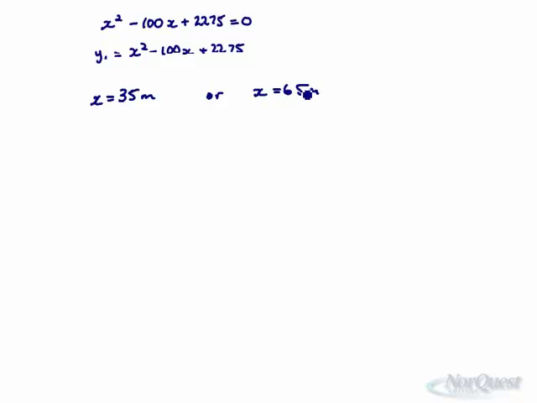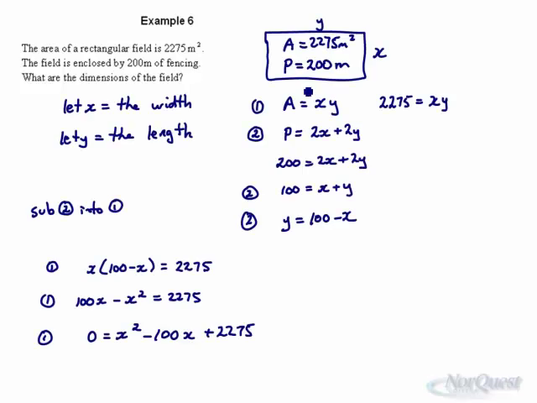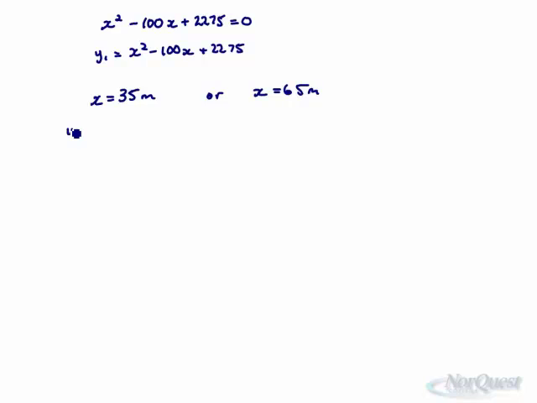If I go back to my previous slide, y equals 100 minus x, therefore y equals 100 minus 35, y equals 65 meters in case 1, or y equals 100 minus 65, y equals 35 meters. And what does this really mean?